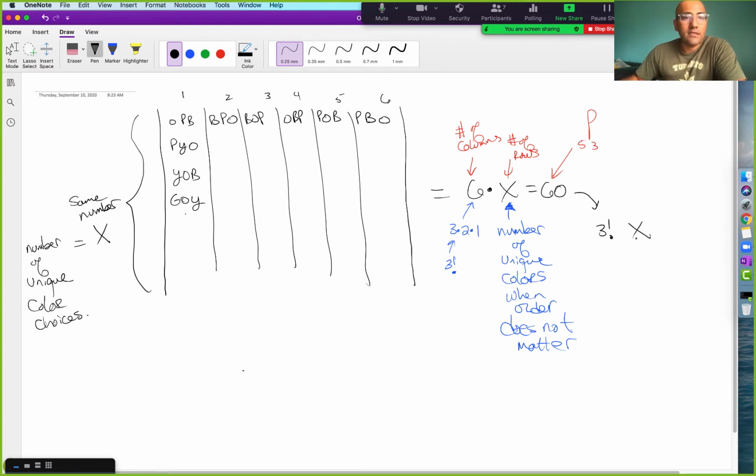Now x is the number of ways to choose the colors, that's what we're after. So x, the number of ways to choose the colors with order not mattering, is equal to the permutations divided by 3 factorial.